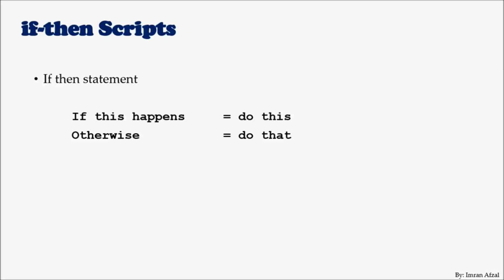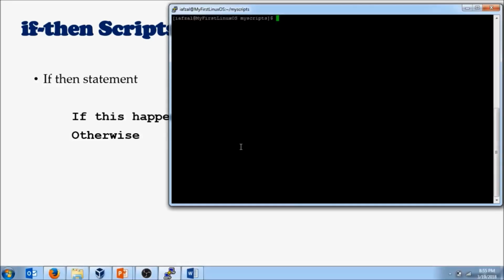To better illustrate this concept of if-then script statements, let's get it into our machine. Okay, which directory are we in? We are in our home directory, and the directory inside of it is my scripts. In this directory, we're going to create a new script, and we're going to call it vi if then script.